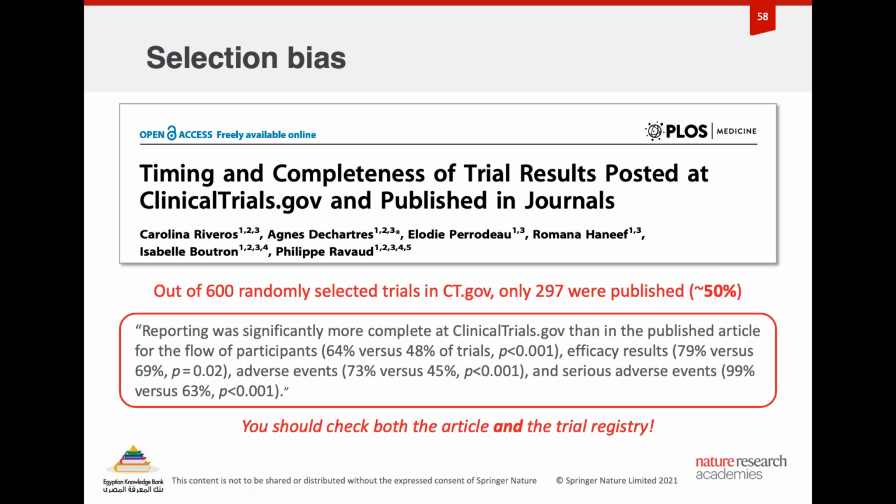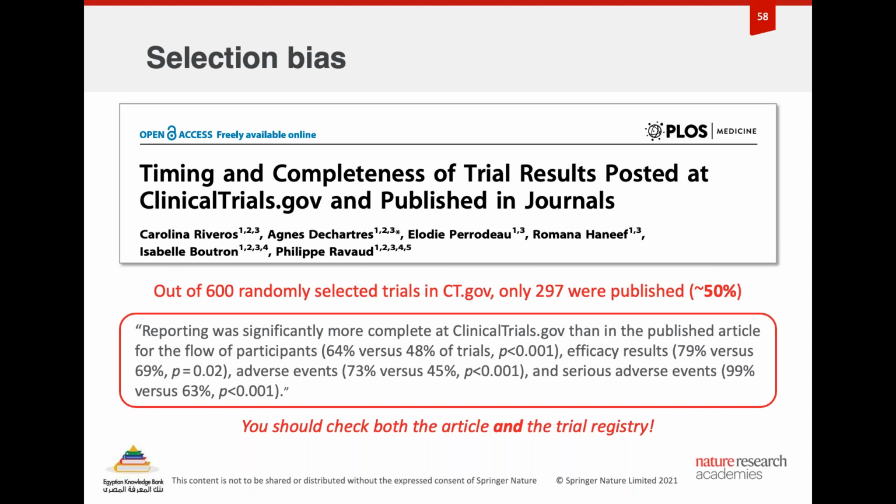So generally what I'm trying to emphasize is that just because the paper is published doesn't mean you don't have to check the trials registry. I do encourage you to do so. And that's what I mentioned in that previous example. That's exactly what they had done. They had gone back to review the trial registries to ensure the accuracy of the information in terms of methodological rigor, as well as the accuracy or thoroughness of the reporting of the outcomes.